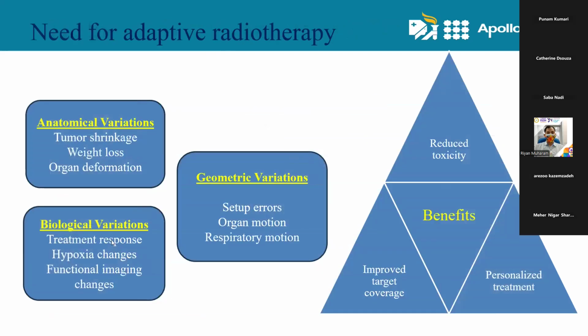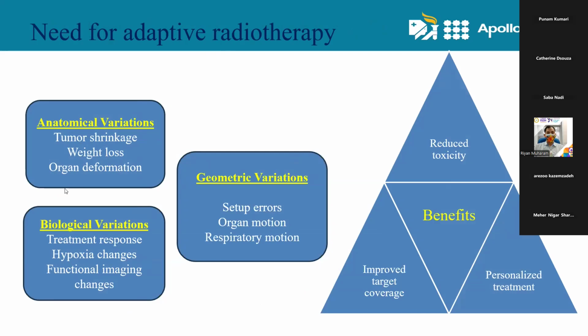So why do we need adaptive radiotherapy? Three major uncertainties create the need for ART. First is geometric variation, for example setup errors, organ motion, respiratory motion, and anatomical variations. Second, tumor shrinkage, weight loss, and organ deformations.